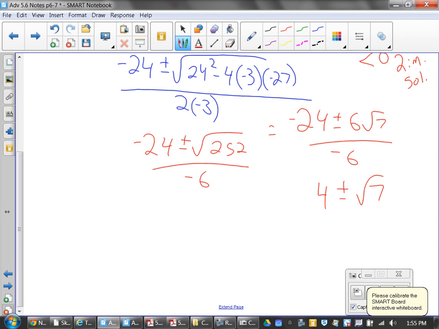Everybody agrees that you have two solutions here: negative 24 plus 6 root 7, and negative 24 minus 6 root 7. If I divide everything by negative 6, a positive divided by a negative is a negative, and a negative divided by a negative is a positive. It just kind of goes away. So 4 plus or minus root 7 is the answer.